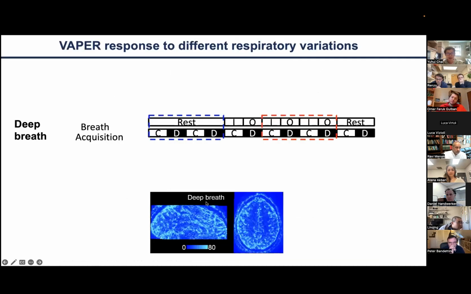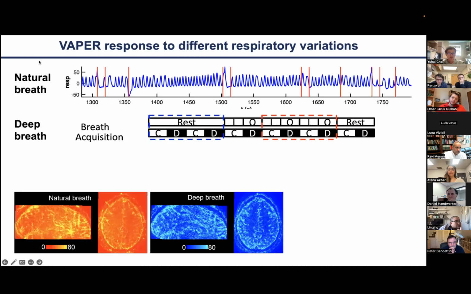This map is generated by taking the difference between the fMRI image during deep breath and rest. A similar idea applies to natural breath: we can also compare images acquired during subtle respiration changes with images acquired during relatively stable respiration, to generate a map.